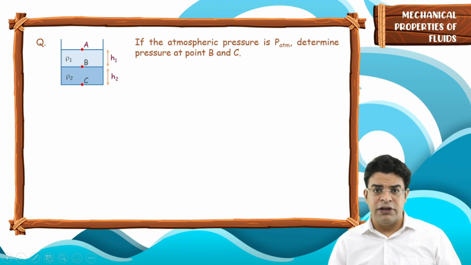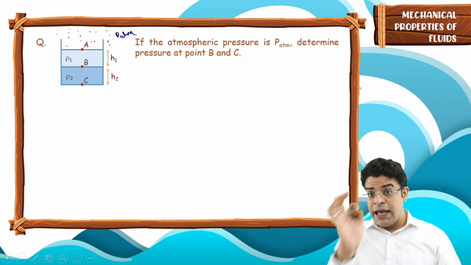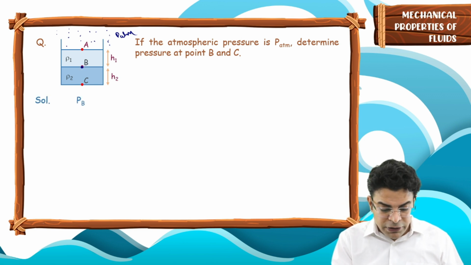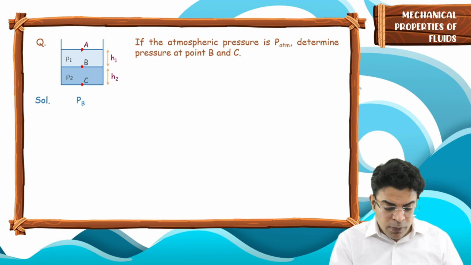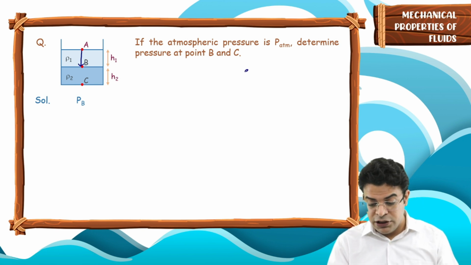So we can say one thing: because the container is exposed to the atmosphere, and in the atmosphere the pressure is P atm, the pressure at point A will be P atm. So how do we write the pressure at point B? Going from point A to point B, we move down in a fluid of density ρ1 by a height h1.